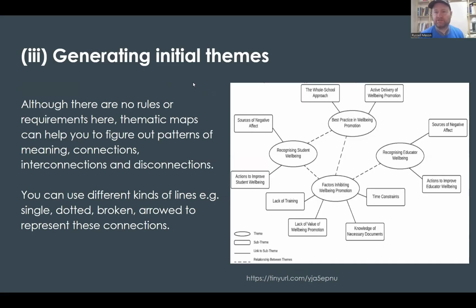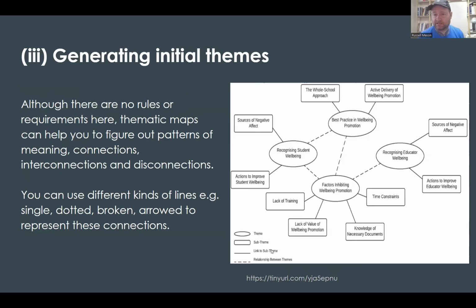So there are various ways of doing mind maps. One way would be to use continuous lines, broken lines, and arrowed lines to show different connections between the themes that you're generating. Perhaps these could indicate main themes. So the main themes are in the kind of oval shapes here. The sub-themes are in the rectangular shapes.